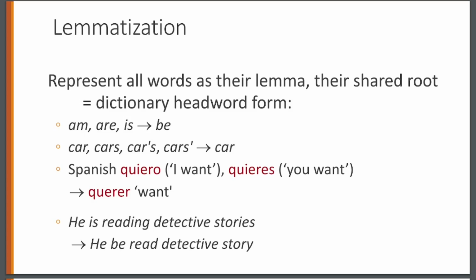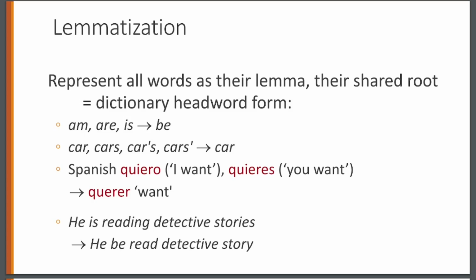So conjugation, where we alter a verb depending on who that verb is applied to, or altering a noun to show plurality or possession, right? Undoing that would be a process of lemmatization. We might also need to consider tense in lemmatization.